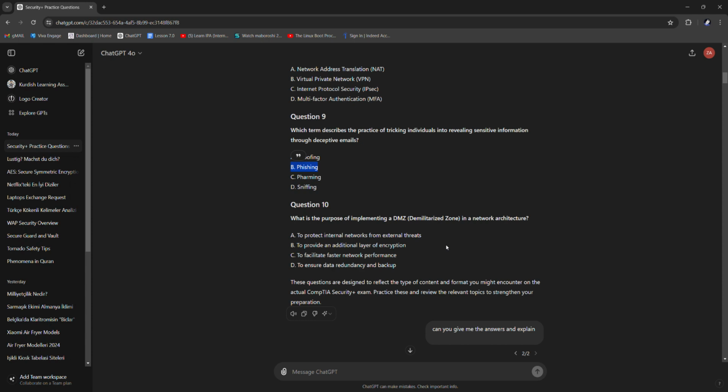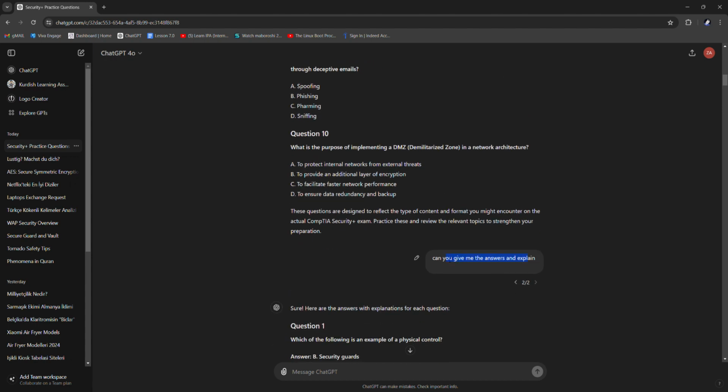So you create a demilitarized zone and put the servers that talk to the outside or listen to the public into it. That protects internal networks from external threats.